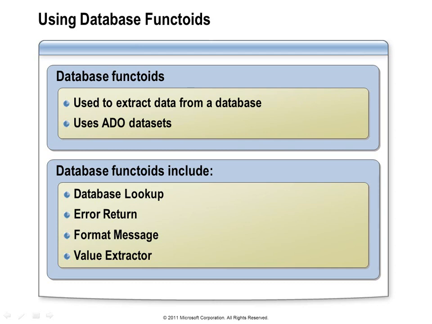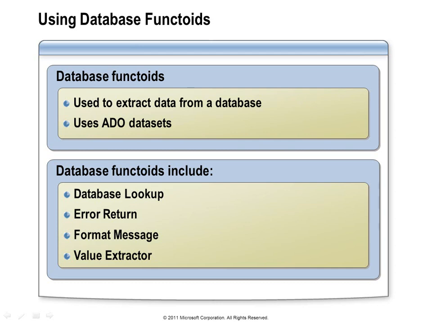And then at runtime, when BizTalk issues the query to the database, the functoid will receive back an ADO dataset populated with the query result. If the query result contains more than one row, your map will only see the first row of that result set.